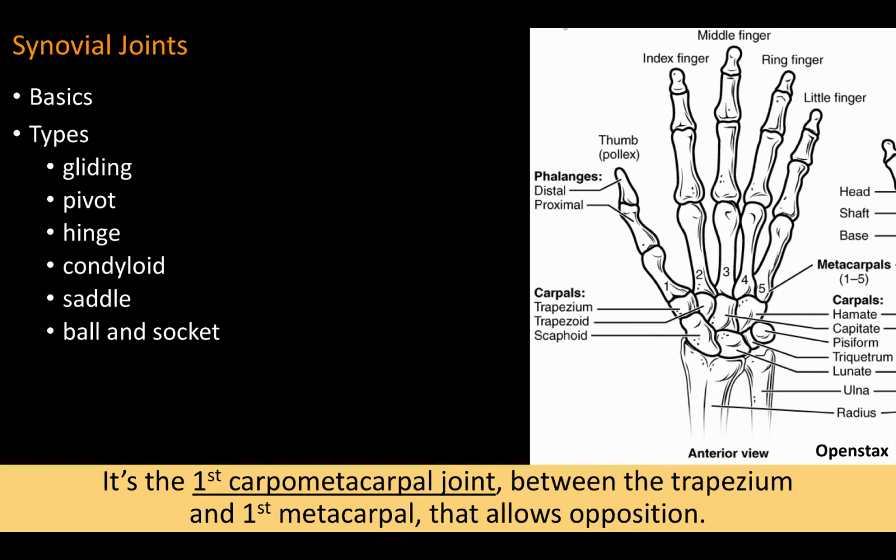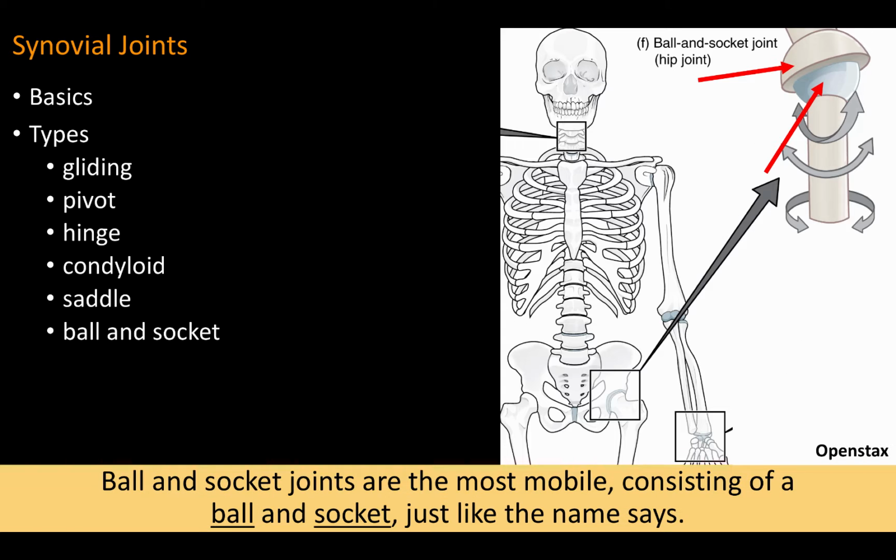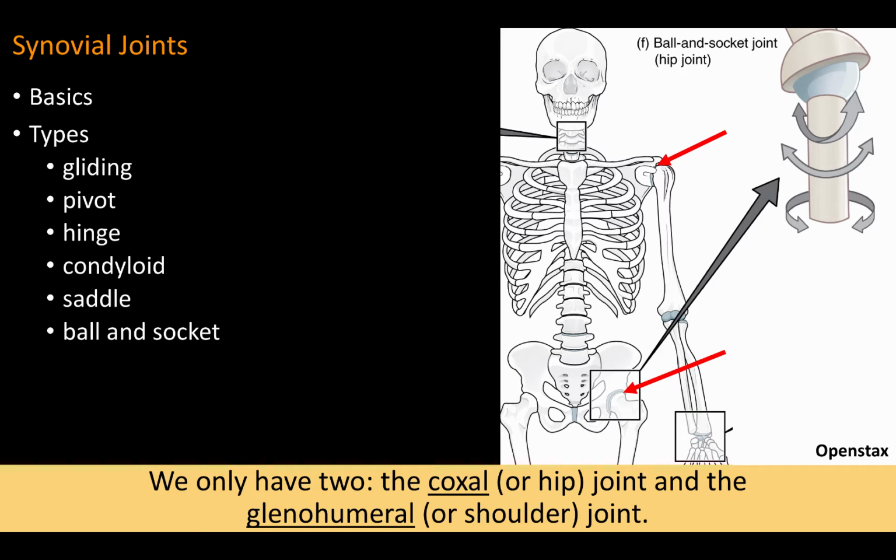It's the first carpometacarpal joint, between the trapezium and the first metacarpal, that allows opposition. Ball and socket joints are the most mobile, consisting of a ball and socket, just like the name says. We only have 2, the coxal or hip joint and the glenohumeral or shoulder joint.